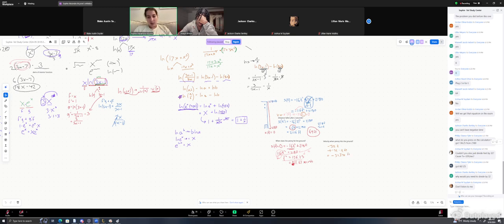Because velocity is really just speed with a specific direction. So speed, except you can call it negative or positive. Now, just to point out, this is negative. Can someone tell me why the velocity is negative here?